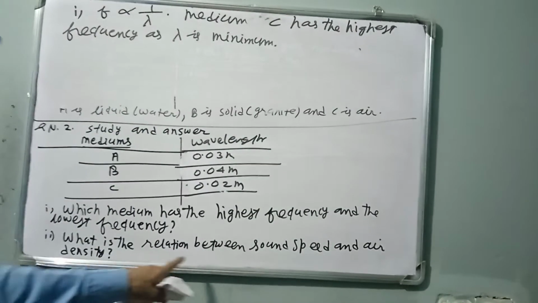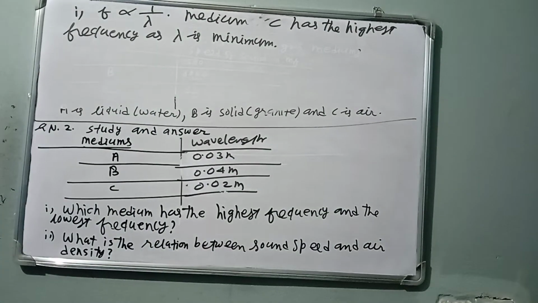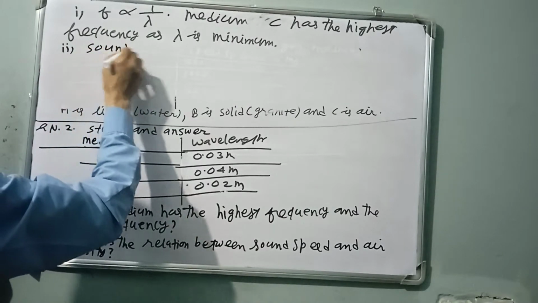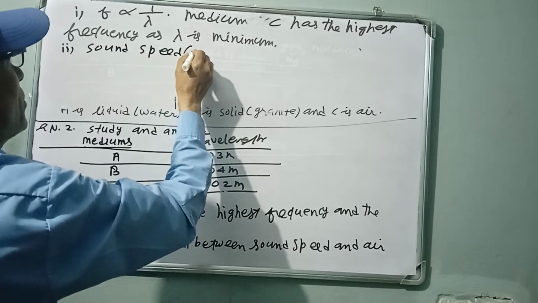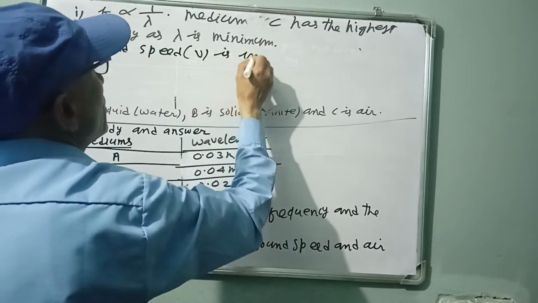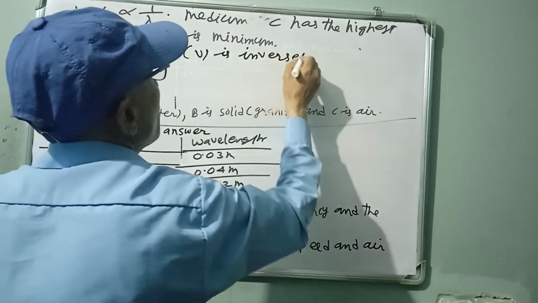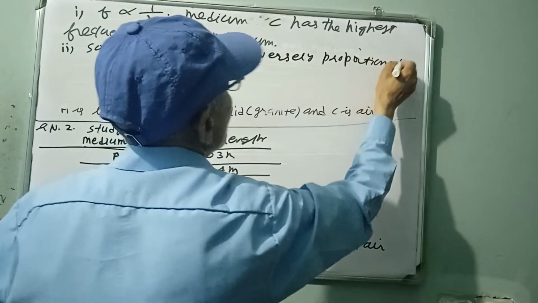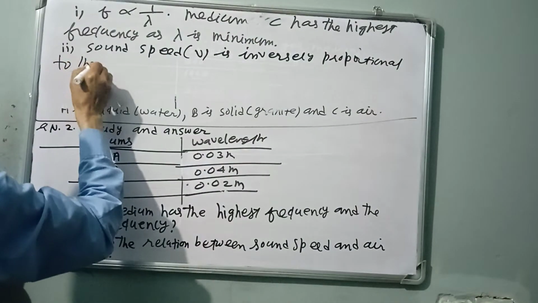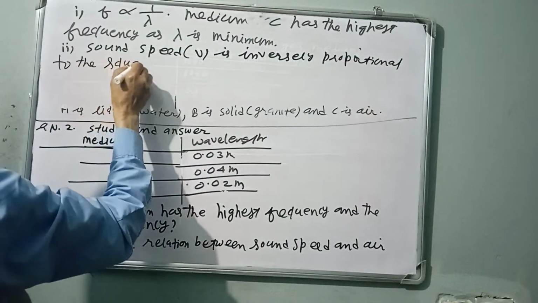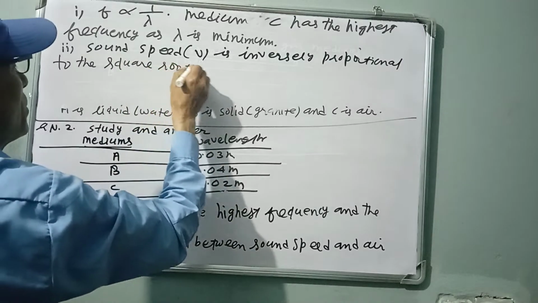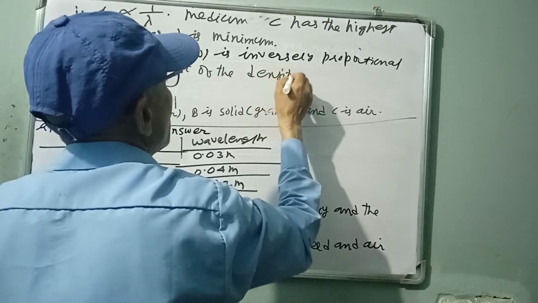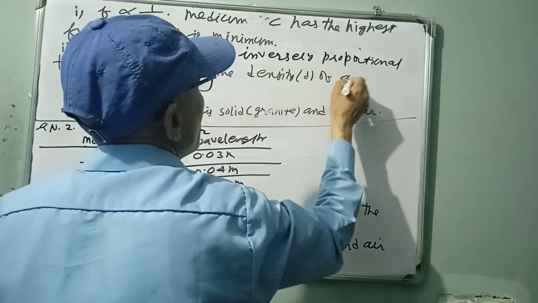Another, what is the relation between sound speed and air density? Sound speed is inversely proportional to the square root of the density D of air.